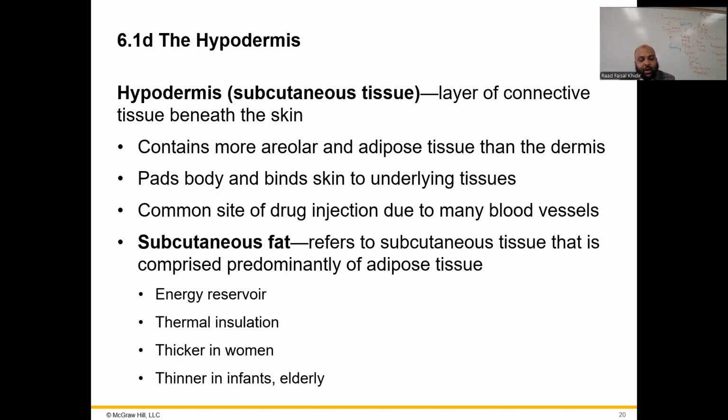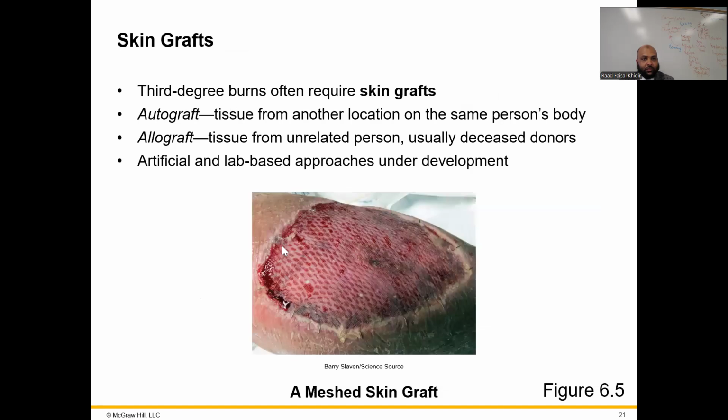It is a common site of drug injection due to its many blood vessels. Subcutaneous fat refers to the subcutaneous tissue that is comprised predominantly of adipose tissue. There is an energy reservoir and thermal insulation, and it is thicker in women, thinner in infants and the elderly.